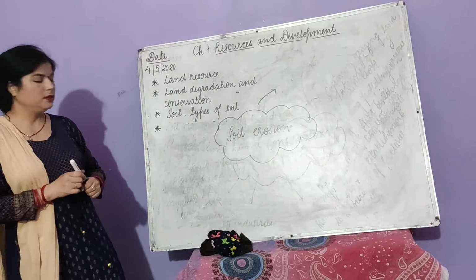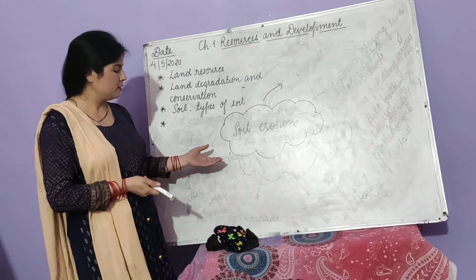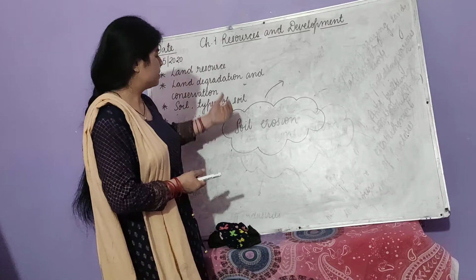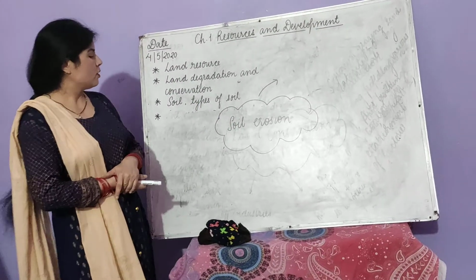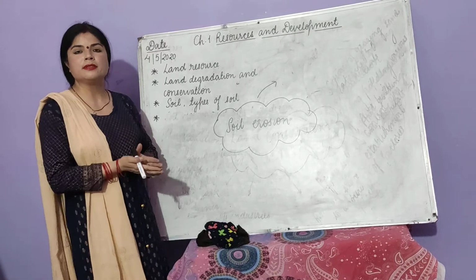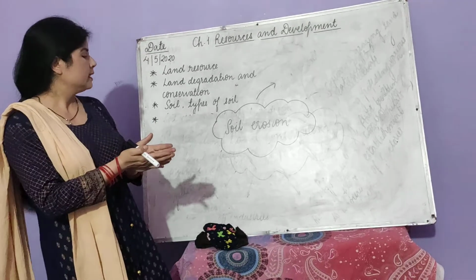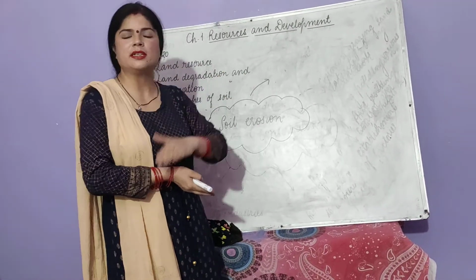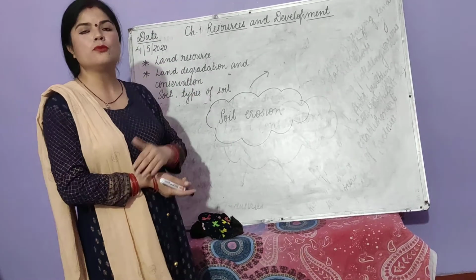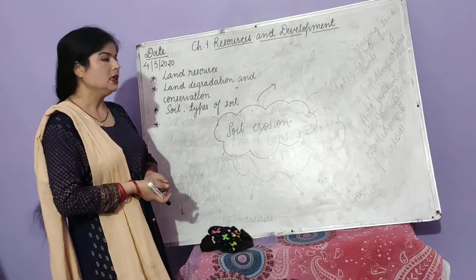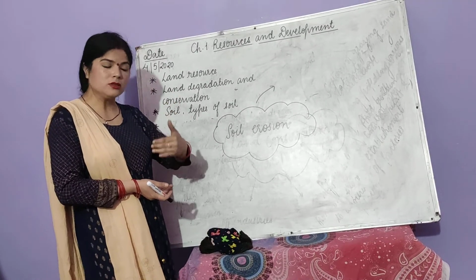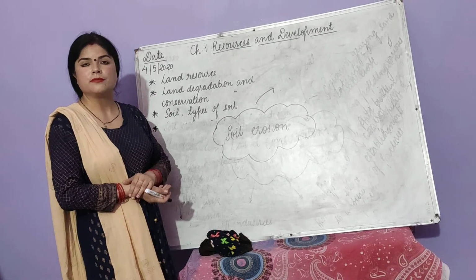Soil erosion. Earlier also, or just because of this chapter, we discussed soil erosion. Under soil erosion, what happens? The uppermost part of the earth can be swept away easily due to so many reasons. Heavy rainfall can be the reason. Different natural disasters are also responsible for soil erosion.